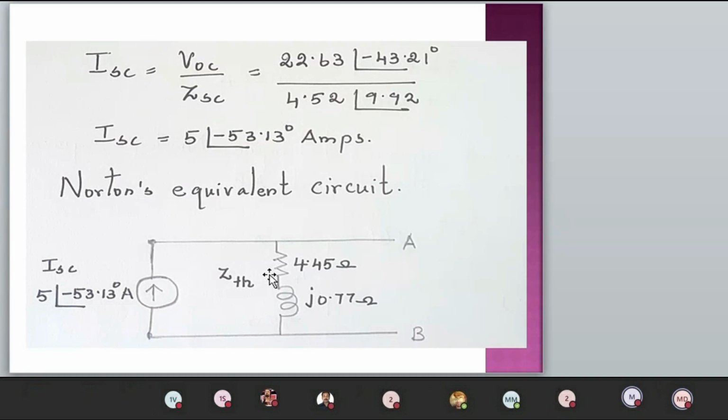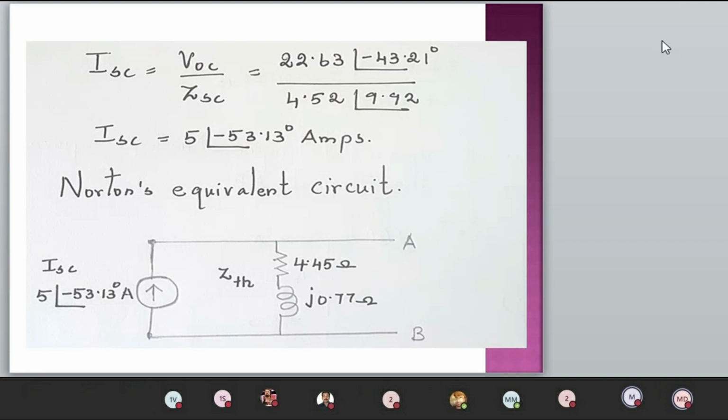So the Norton's equivalent circuit is the short circuit current in parallel with Thevenin's equivalent impedance. Okay, so you should notice one thing. Both the Thevenin as well as Norton are dual with respect to each other. If you find any difficulty in determining the short circuit current, you can go for Thevenin's voltage, or Thevenin's open circuit voltage.